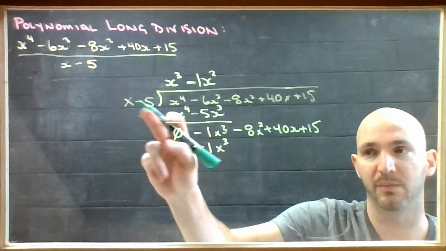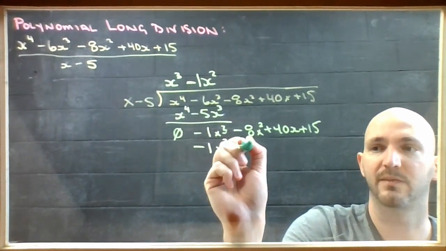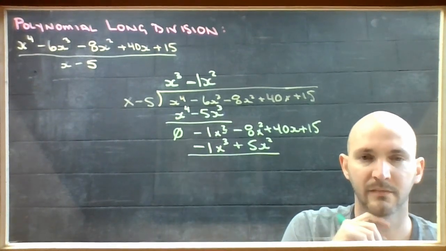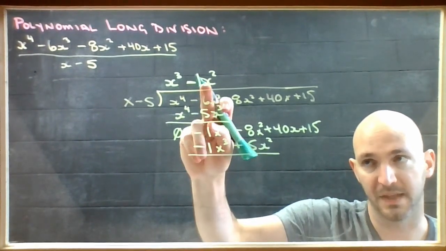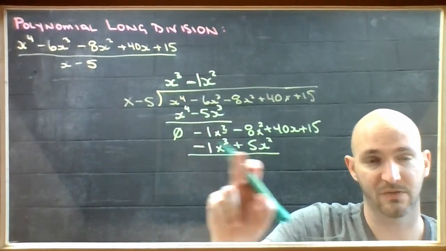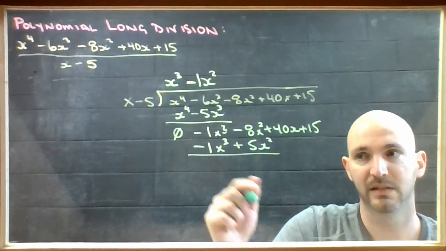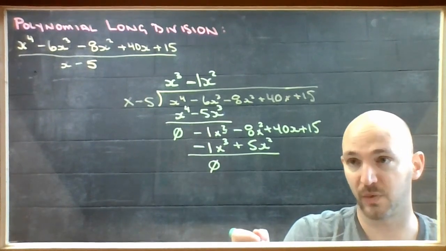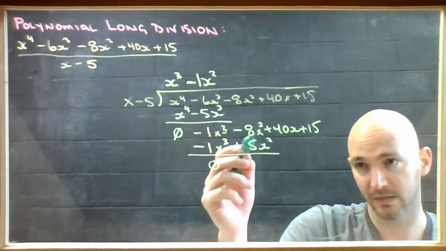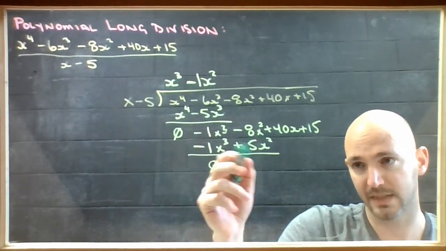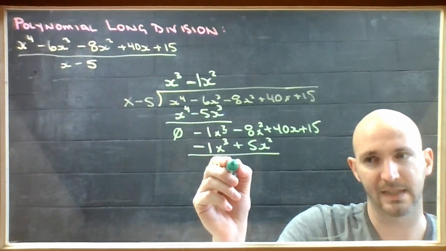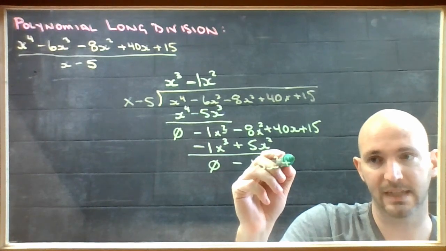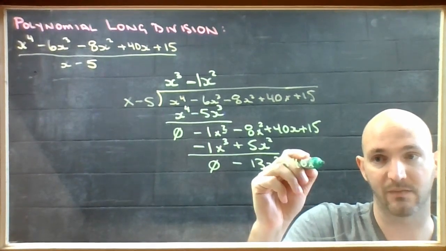So that would be plus 5x squared. This many of those is this much, so I have to take it out of the pile. This, take itself away, is gone. That was the whole point. -8x squared, take out 5 more, is -13x squared. And I haven't done anything with this, and I haven't done anything with this.